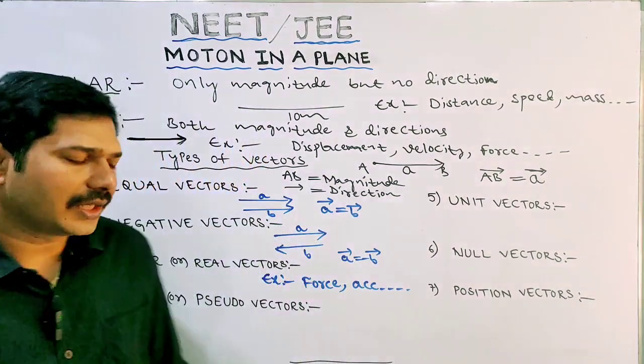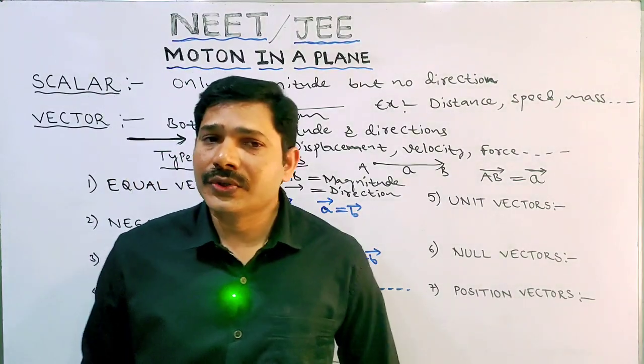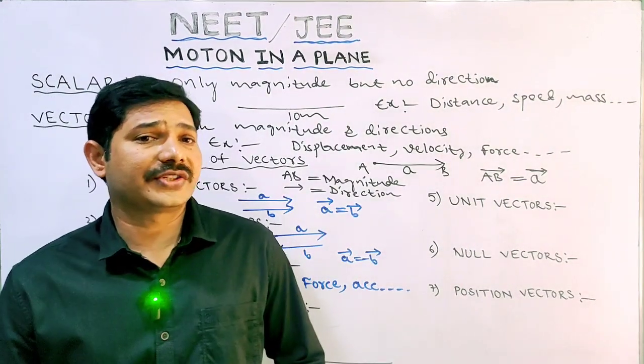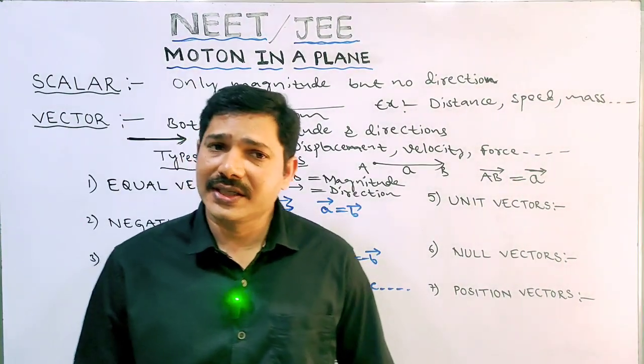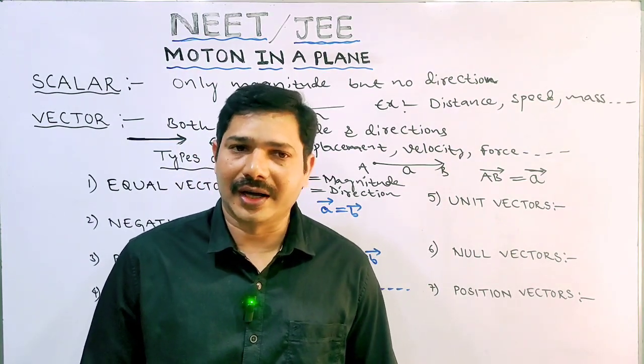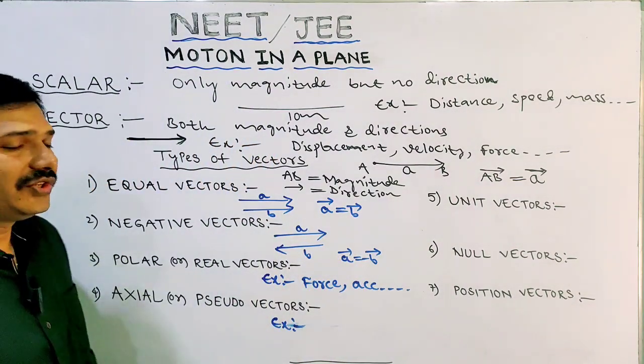Next, axial or pseudo vectors. For a pseudo vector, the direction changes if the coordinate system in which it is defined changes. Another name is axial vector.